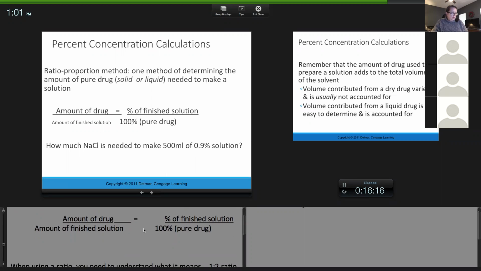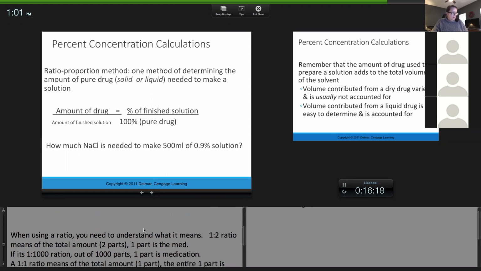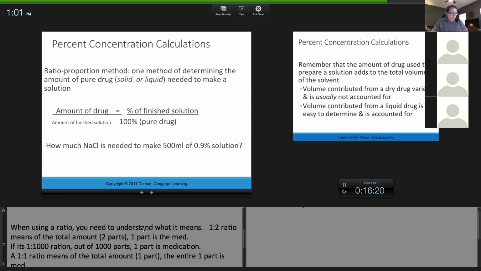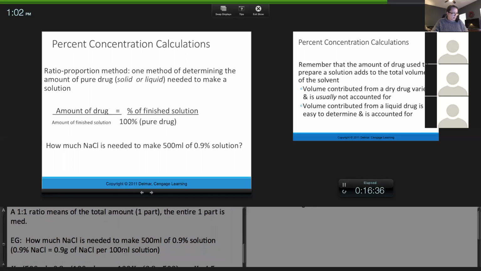If I look at the gray at the bottom, normally 500 mLs is half of a liter, so what we're talking about is a 1 to 2. It's kind of like transferring it to a ratio, which may seem confusing, but let me show you the problem here at the bottom.